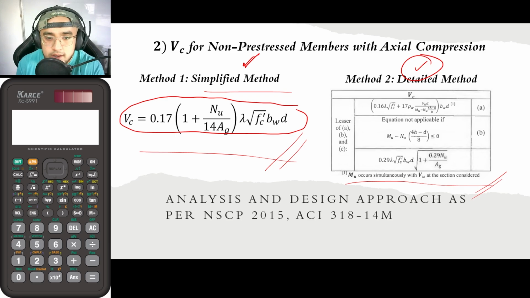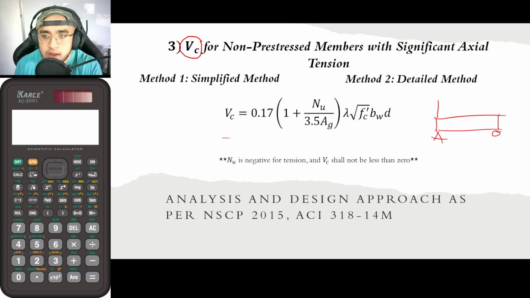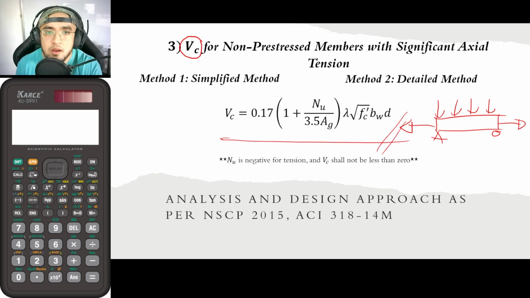And this is now the VC for non-pre-stressed members with significant axial tension. So let's say that we have a particular beam, and aside from it having transverse loads, let's say that we now have a significant axial tension. From that, guys, we would now be making use of this equation, regardless if it is simplified or detailed.